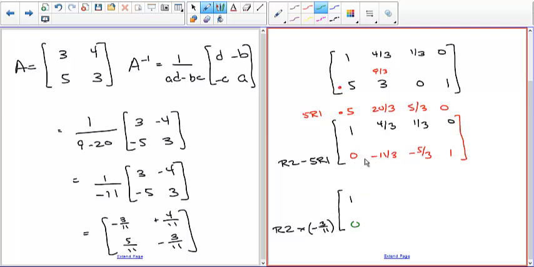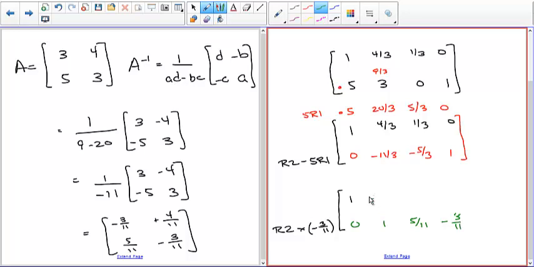Negative 3/11 times negative 11/3 is 1. Then you can see the 3's cancel out and the negatives cancel out. So if you take negative 3/11 times negative 5/3, you're going to end up with 5/11. And then 1 times negative 3/11 is negative 3/11.